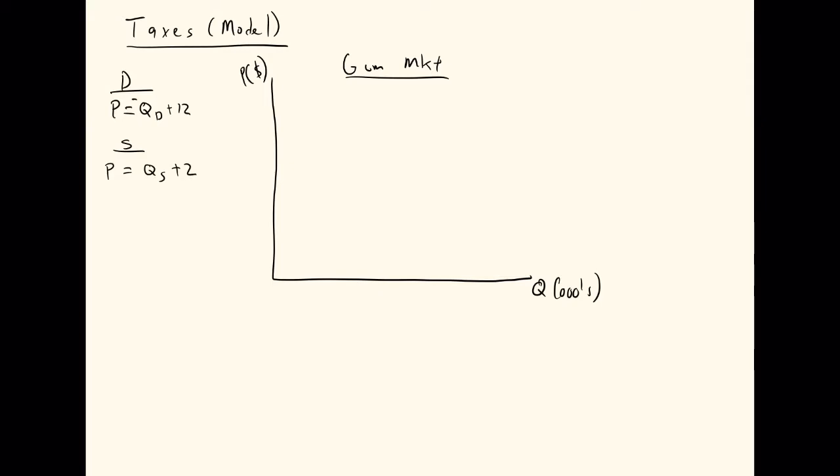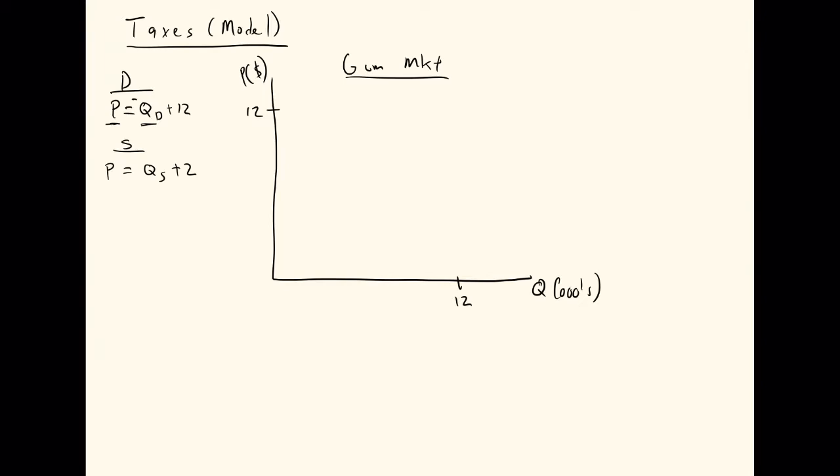For demand, we're going to intersect the y-axis at 12, and you'll notice this is in y equals mx plus b format, where our y is P and our x is Q. So demand has a slope of -1 and a y-intercept of 12. That means we're going to intersect the x-axis also at 12, in this case 12,000, since this is in thousands.